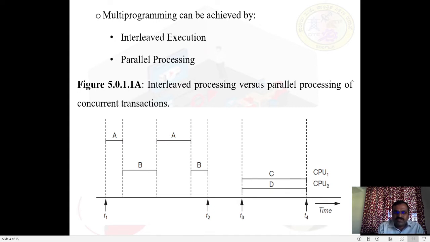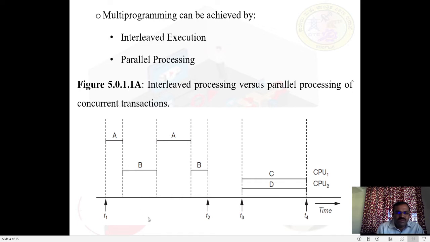In process C and D, there are two processors, CPU1 and CPU2. Process C and D are running in parallel, but process A and B are interleaved.